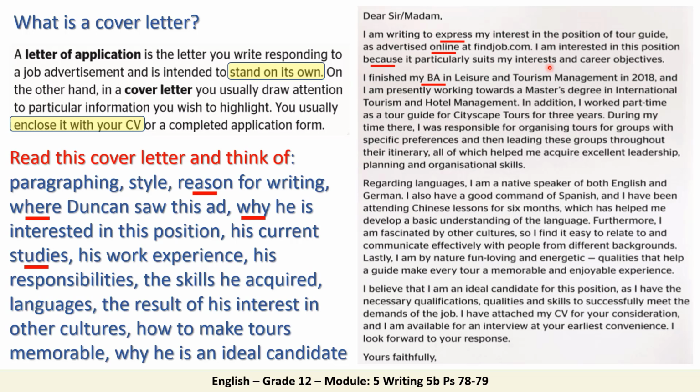How about his current studies? Indeed, he has finished BA, and he says, I'm currently working towards a master's degree in international tourism and hotel management. Concerning his work experience, he says, I worked part-time as a tour guide for cityscape tours for 3 years. Right?